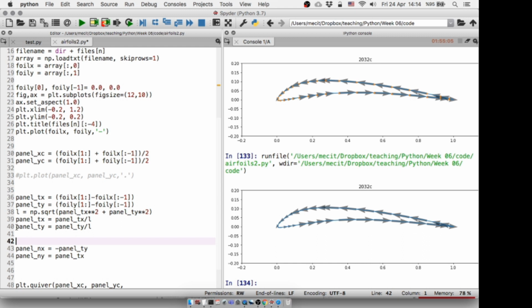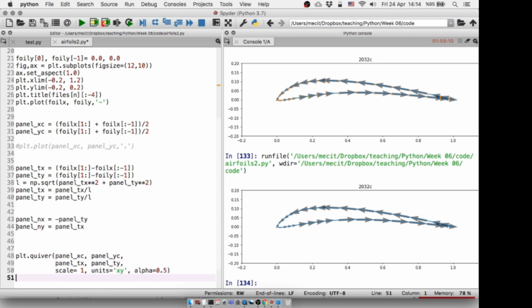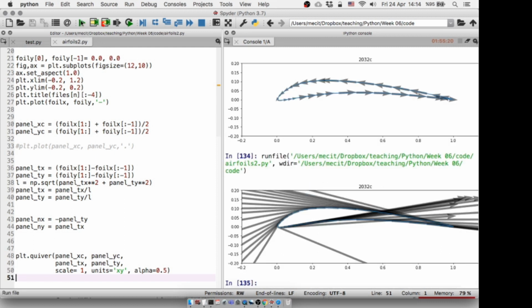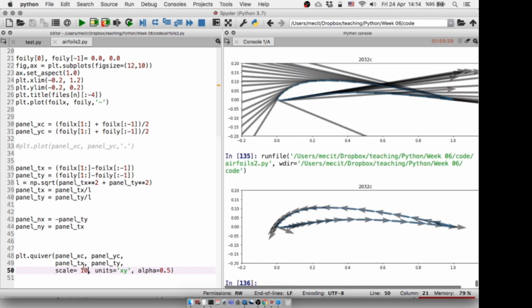Therefore the panel normals will be unit vectors as well. So before doing the normals, let's have a look at the panel tangents at this point. Because they are now larger vectors, I can change the scale. So as you see, I have a nice unit vector pointing the tangents.